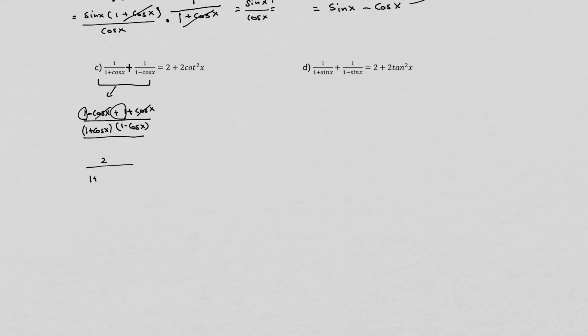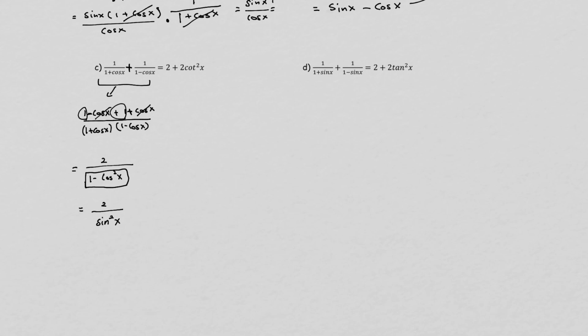And when you multiply this with FOIL, I get 1 minus cosine square x. And this square is the Pythagorean identity. So when you convert that, you get 2 over sine square x.